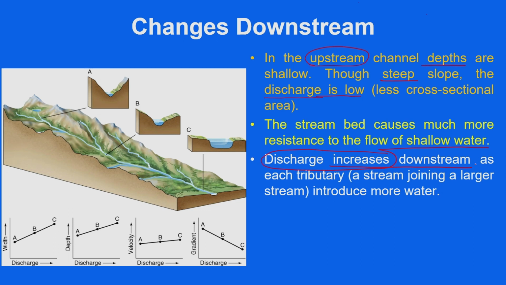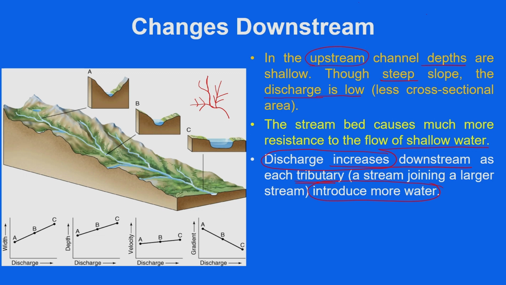Okay, discharge increases because you are having a large amount of water which has been introduced from the tributaries. So as we saw, this is a main channel here. So in the downstream you will have more tributaries which are feeding water to the main channel.